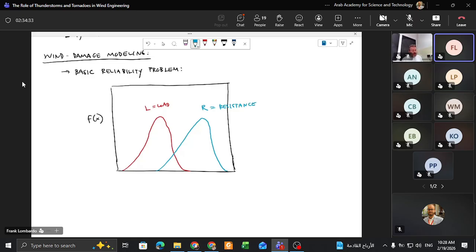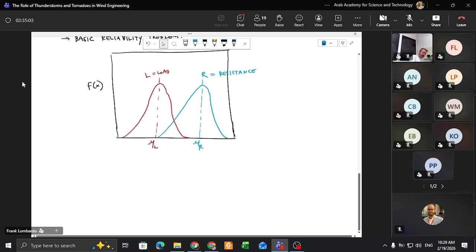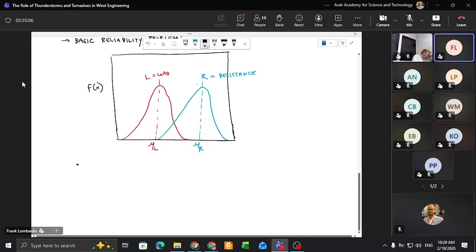If we're loading some structure, some structural component, it has some resistance to the load. You also have some load from some potential hazard. These are usually probability distributions, so a lot of times they have a mean resistance value and a mean load value. Obviously load and resistance have the same units.